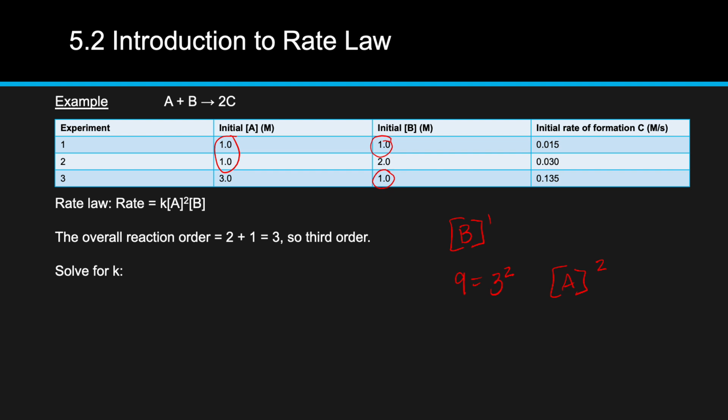Okay, so if you had to solve for K, you can use this rate law, and you can use any of the rates from the experimental data. So we're going to go ahead and just use experiment 1.